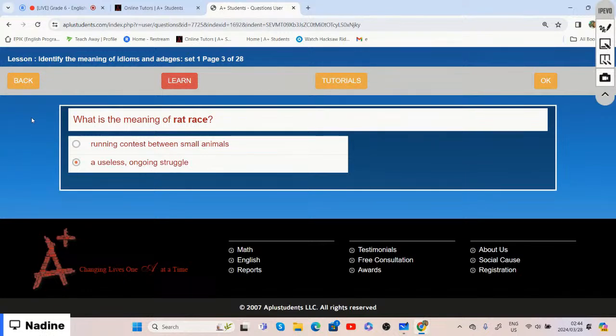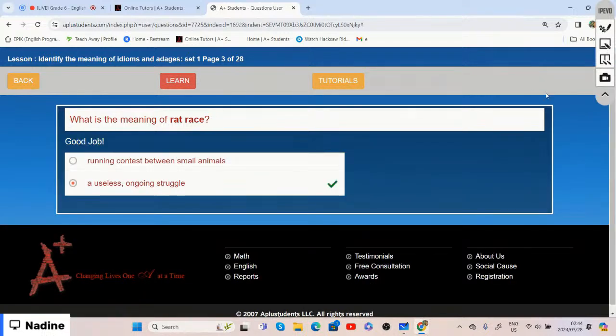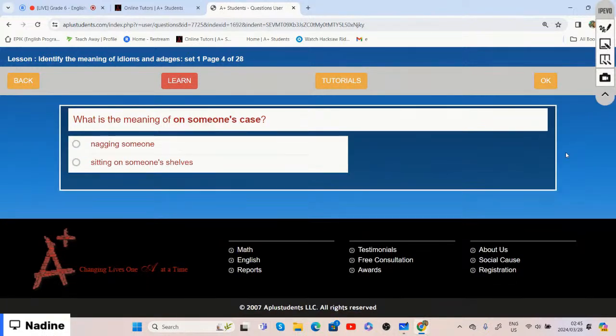People remove themselves from things that they feel are either useless or a struggle, right? So we will go with the second option because it is a figurative meaning, right?